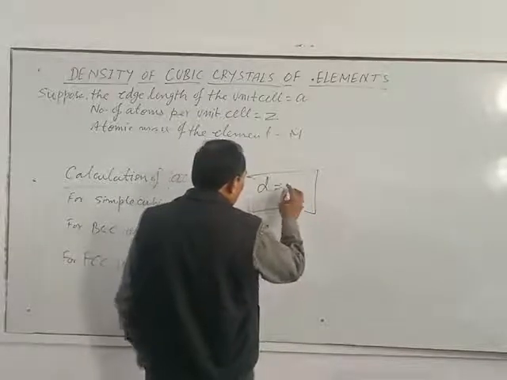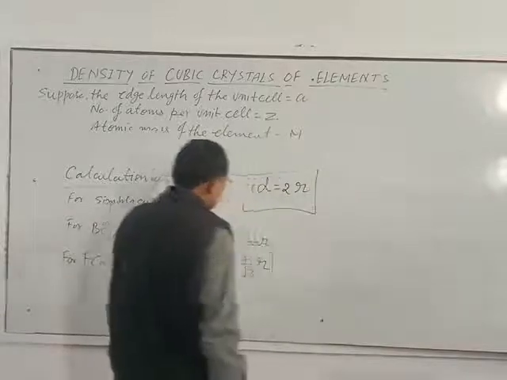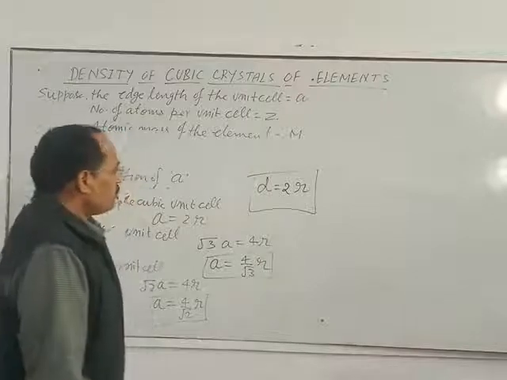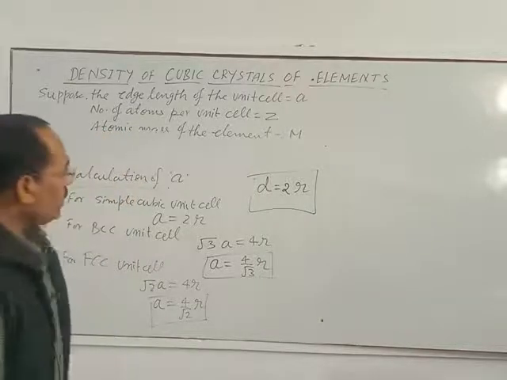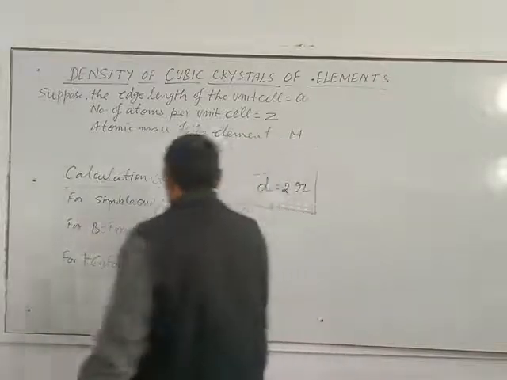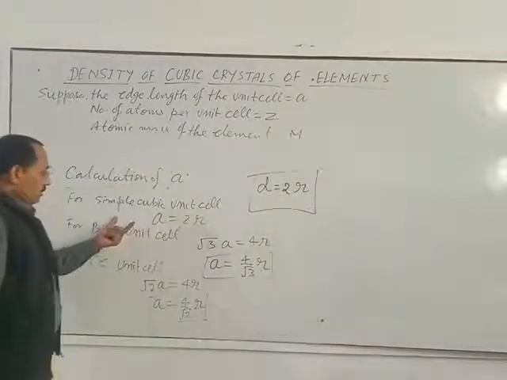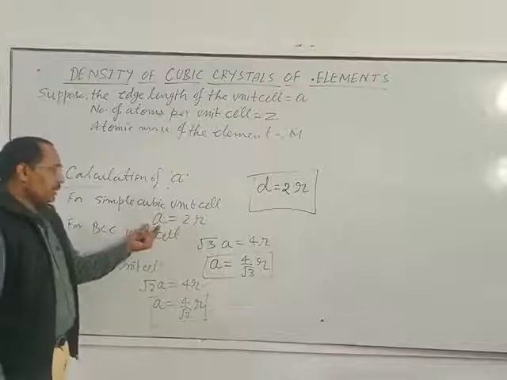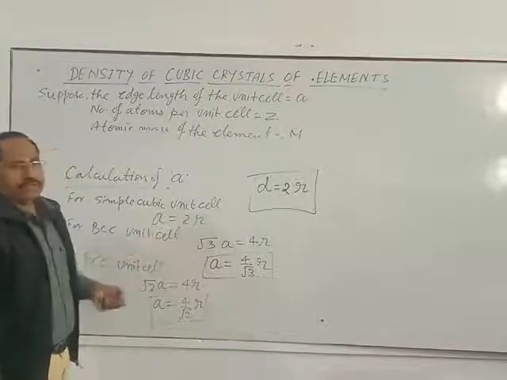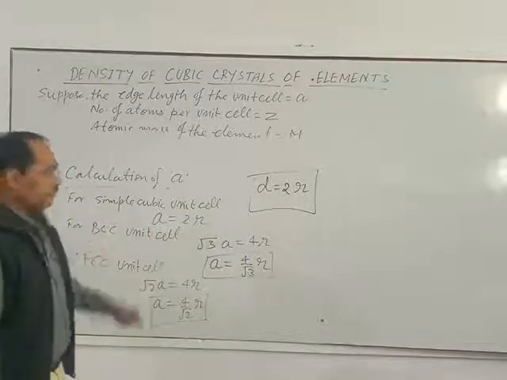Distance between nearest neighbor equal to 2r, double the radius of atom. This is the value of distance between nearest neighbors. That is why in case of simple cubic unit cell, d equal to a, means d and a both are same.